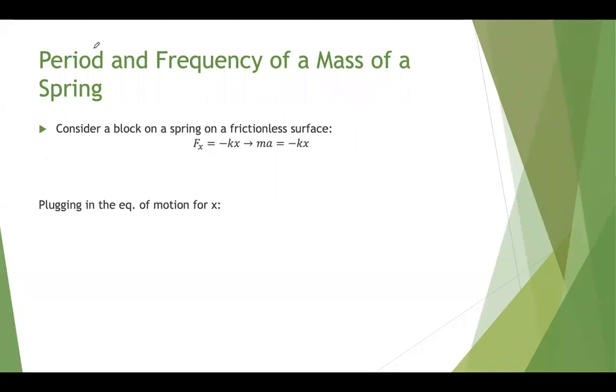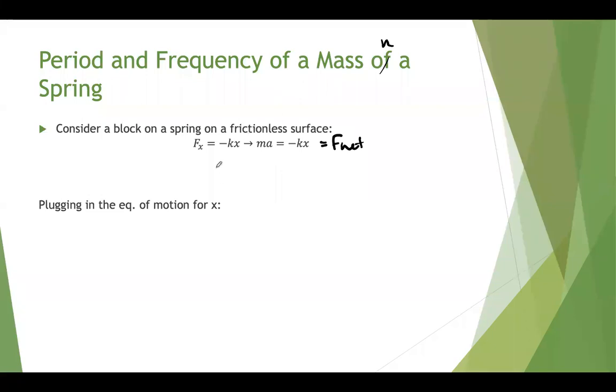Looking at period and frequency of a mass on a spring. Okay, so consider a block on a spring on a frictionless surface. So we know that the force due to a spring is equal to negative kx. And we'll go ahead and set that equal to our net force, right? So this will be F net force, okay?